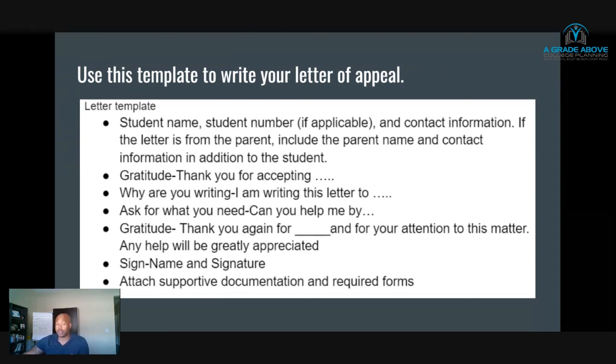And as long as they're legitimate changes, you need to be able to justify that if a verification is necessary. So, hey, I'm looking at your FAFSA, and then I'm looking at your situation. You're telling me this, but this is what you submitted. You've got to be able to justify that change or that discrepancy. So make sure if you make any change, it's justifiable when needed for any specific reason or verification.